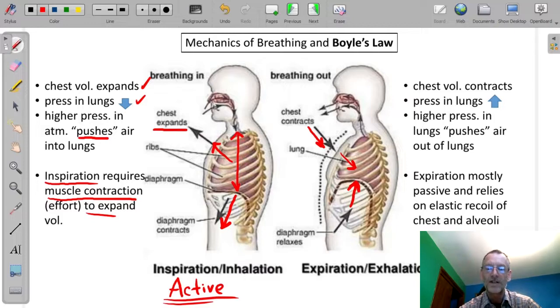So what happens to the pressure? The volume has decreased, so the pressure has increased. As the chest volume contracts, volume gets smaller, the pressure in the lungs increases relative to the atmosphere, and then the lungs literally push air out, and we exhale. And this is mostly passive. It relies on elastic recoil of the chest wall and the alveoli.